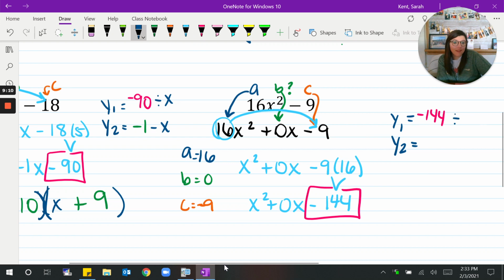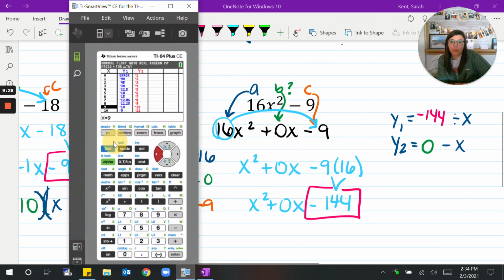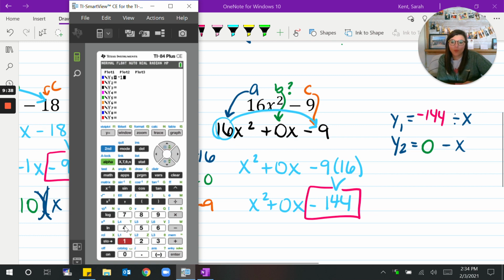Divide by x. And then for y2, I want b. So here b is 0 minus x. So in our calculator, I'll go back to y equals. There we go. In y1, I'll type negative 144, divide by x. And in y2, I'll type in 0 minus x.